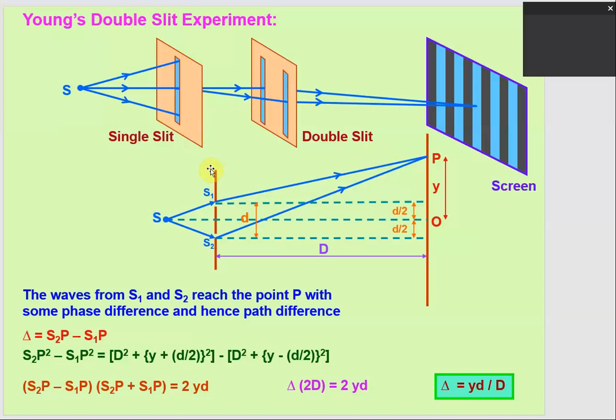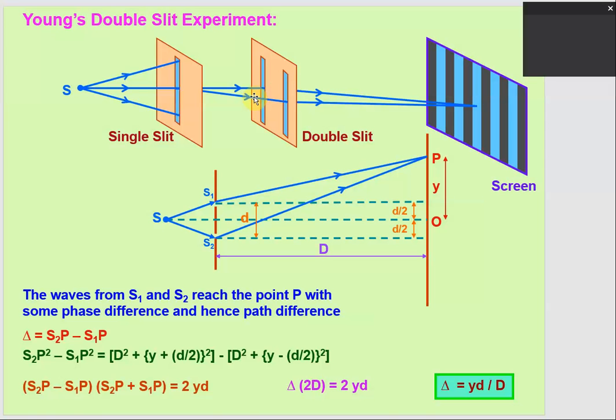There is a condition which must be satisfied by the light waves which are going to superpose each other, or interfere with each other. The condition is that these two light waves should be coherent. Two light waves can be coherent if they have the same wavelength, same amplitude, and same phase, or a constant phase difference.